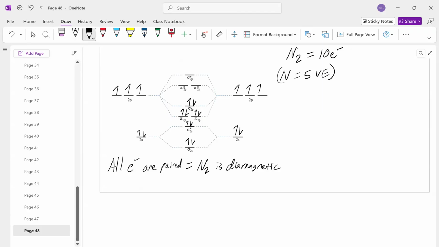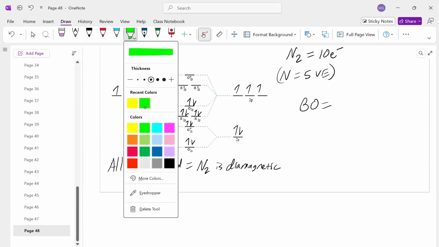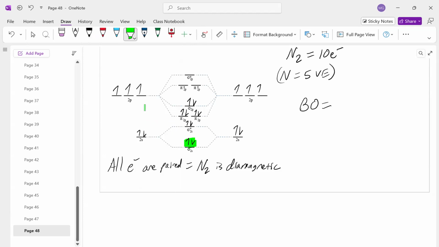Now, the other thing we can do to round this out is let's calculate the bond order for oxygen. I'm sorry, nitrogen. In the past, we have done the Lewis structure for nitrogen and saw that it should have a triple bond between it. So let's see if the bond order verifies that. So I have 2 bonding electrons, 3, 4, 5, 6, 7, 8.